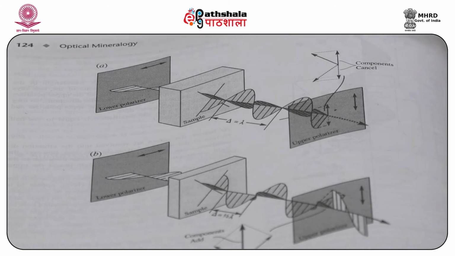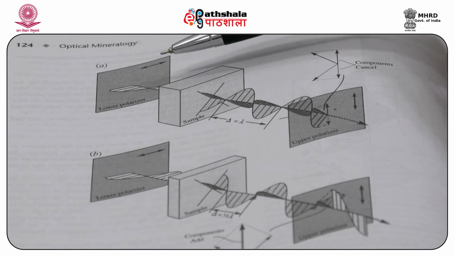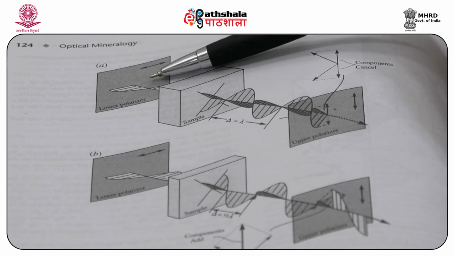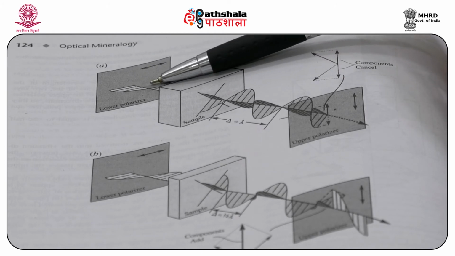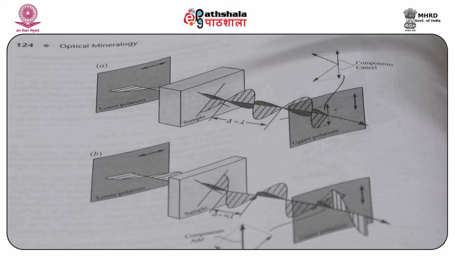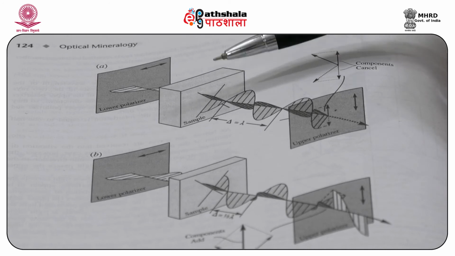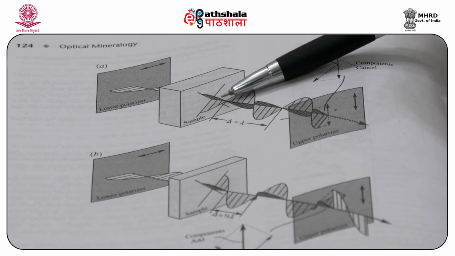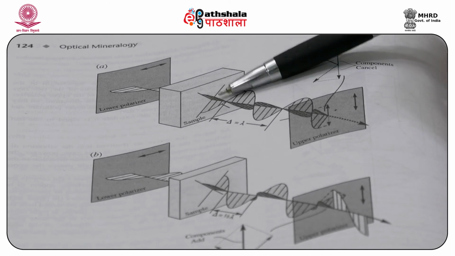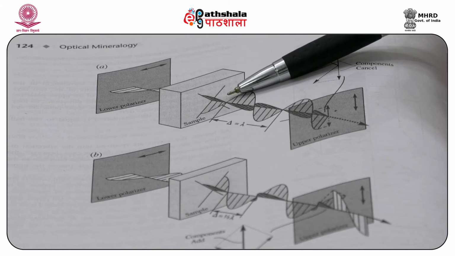As can be seen here in the diagram, we have a ray of light which is passing through the lower polarizer, and as such it is getting plane polarized. Here we have the anisotropic mineral sample wherein the light is getting split into two rays. We have the fast ray and we have the slow ray.